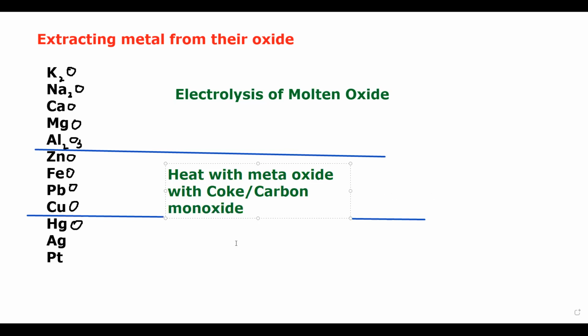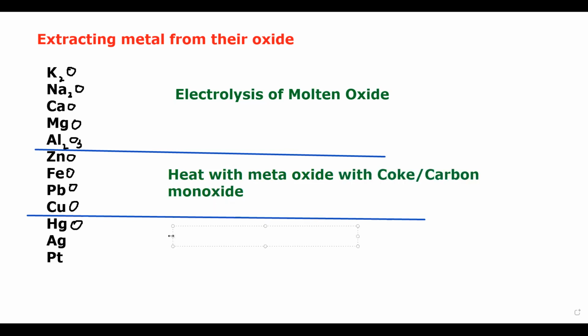And for the last, very less reactive metals, we can simply heat the oxide. So these are the techniques which we carry out to separate the metal from their oxide.